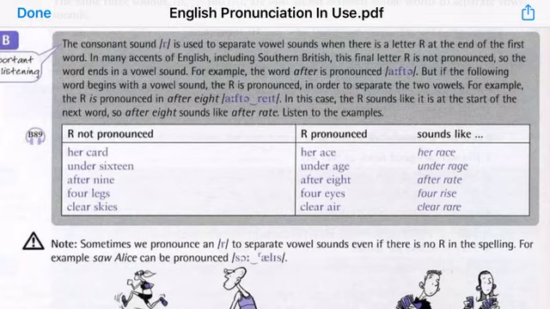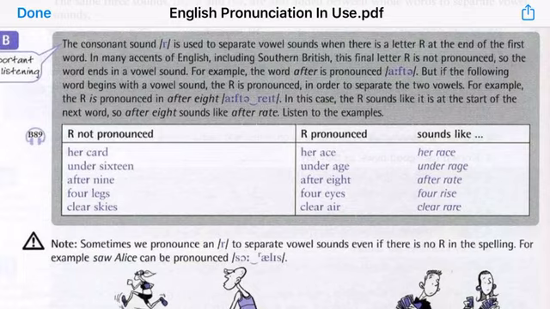Now, on the left side, the R sound is not pronounced. Her card, under sixteen, after nine, four legs, clear skies. Here we don't pronounce the R sound because the following word starts with a consonant.